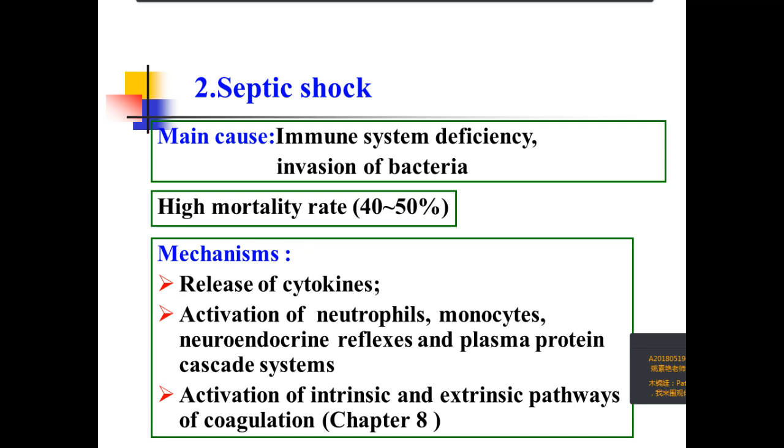They also lead to capillary permeability increase, plasma moves out, so blood volume decreases. Now, TNF, tumor necrosis factor, and interleukin-1 can inhibit cardiac contractility, so cardiac output decreases. So if severe infection happens, it leads to infection shock, also called septic shock.